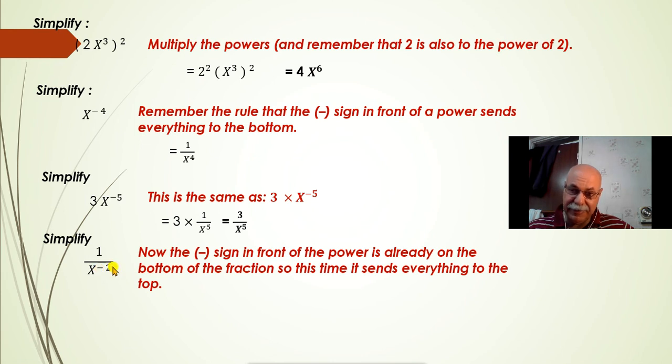This sign before the power is already on the bottom, so all of this will go inside. This fraction will be changed into a complex fraction, like this, because this line is for the fraction and it changes like this, same as this. You see, it changes to 1 over x square.